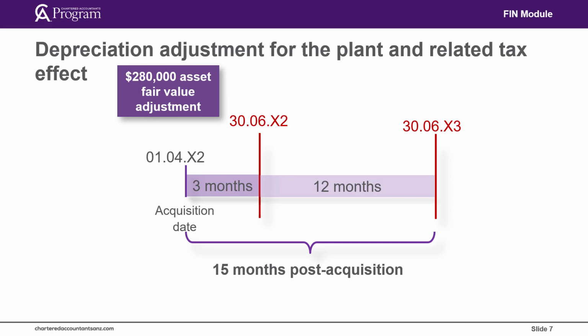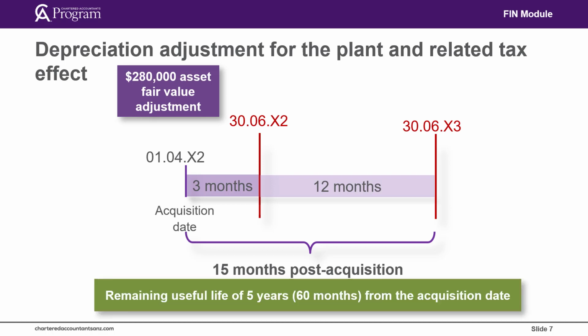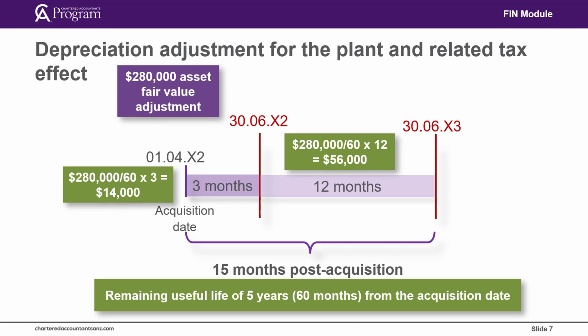In the subsidiary's general ledger, it is still recording the asset and the related depreciation based on the cost, not on this $280,000 higher fair value that the group is recognising for the plant and equipment. Its remaining useful life from the acquisition date is 5 years or 60 months. Therefore, an extra $14,000 in depreciation will need to be recorded in the first 3 months after the acquisition up to 30 June 20x2, and for the most recent financial year, the depreciation adjustment is an extra $56,000.